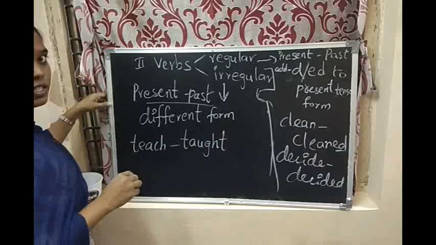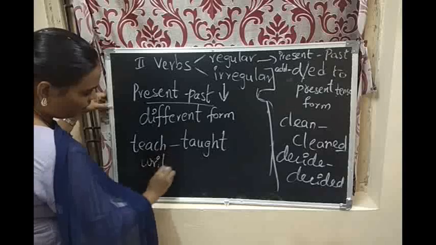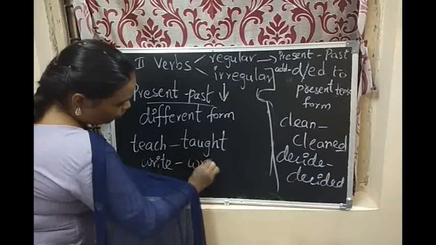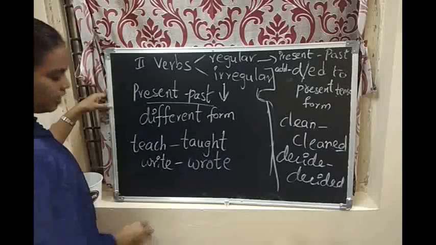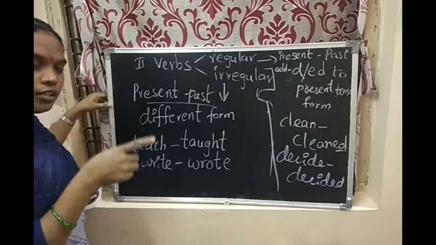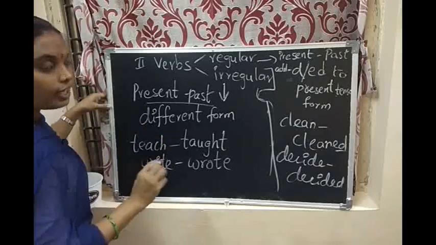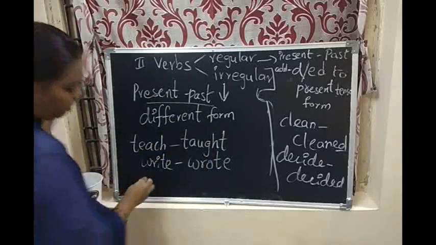Is it clear? And what am I doing? Write. What is the past tense form? Wrote. Is it clear? And what are you doing? Learning.